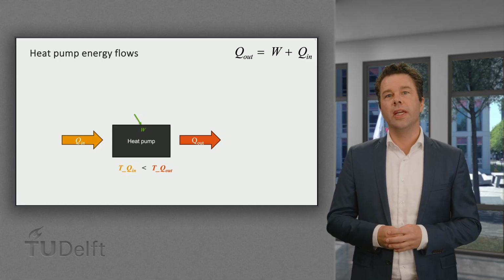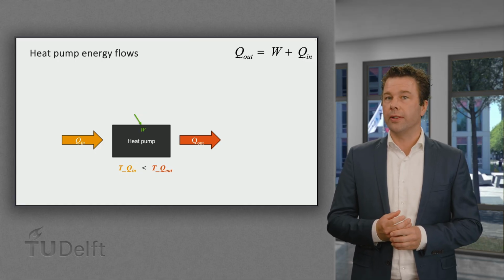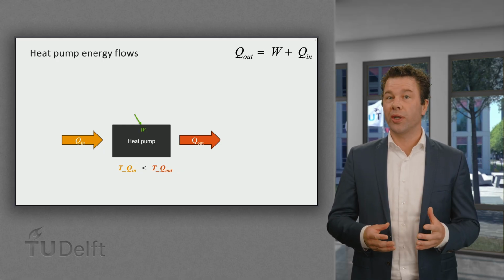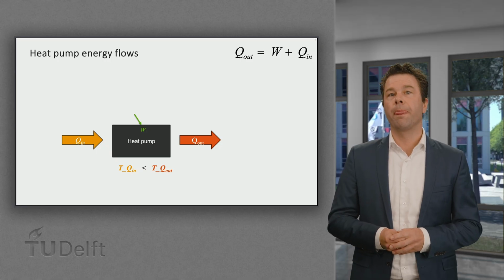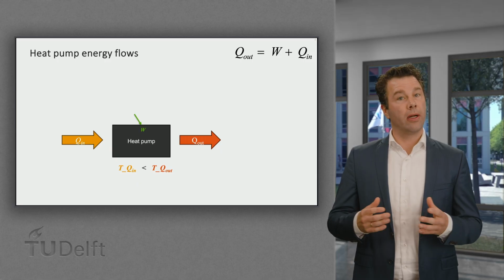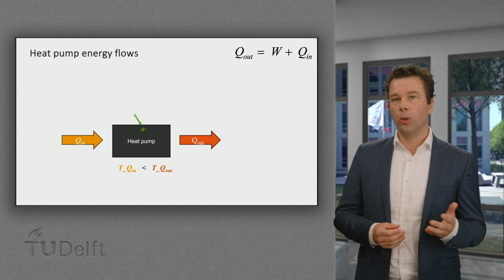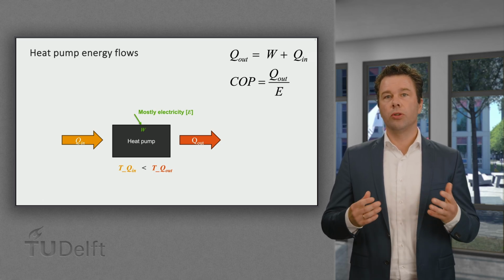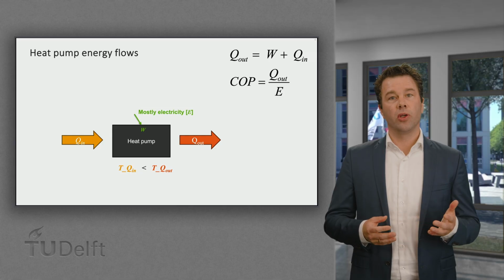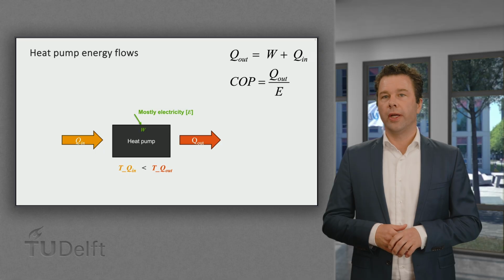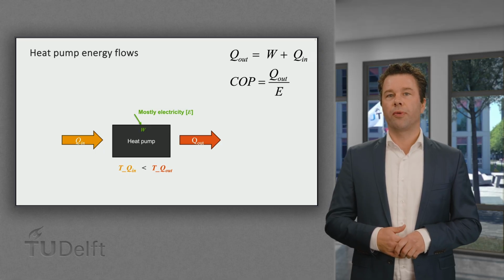Due to adding work, the heat pump increases the temperature of the extracted heat. And because of the conservation of energy, also heat generated by the work is added to the Q out as well. As the equation shows, the amount of heat added corresponds to the amount of work done. Most heat pumps use electricity to run a compressor to do the work. Because the low temperature heat we get from the environment, Q in, is free, the efficiency of a heat pump is usually calculated by only taking into account the amount of primary energy used to do the work.